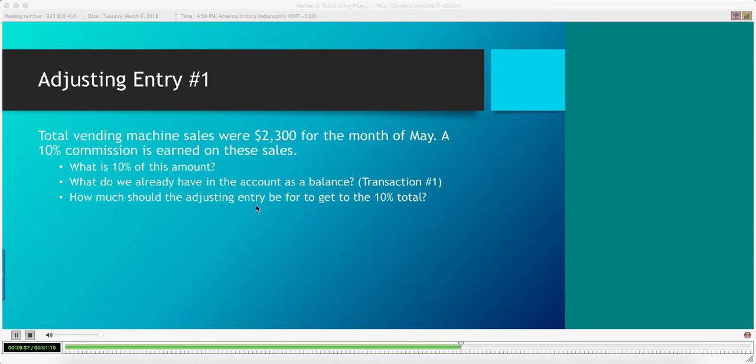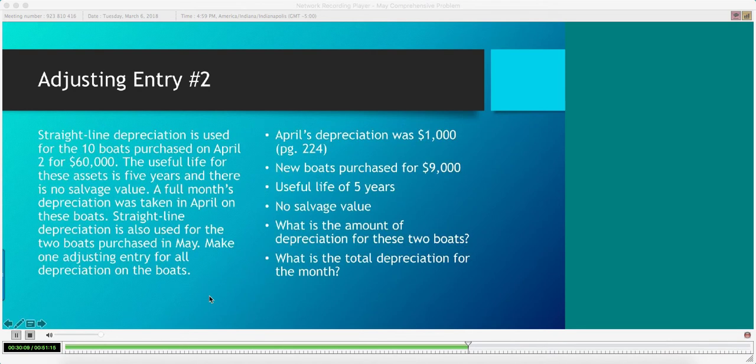So you're actually going to use the revenue account associated with vending sales and accounts receivable, because the vending company still owes us $30. So that's going to go into accounts receivable while we wait for them to pay us. So does that adjusting entry make sense?